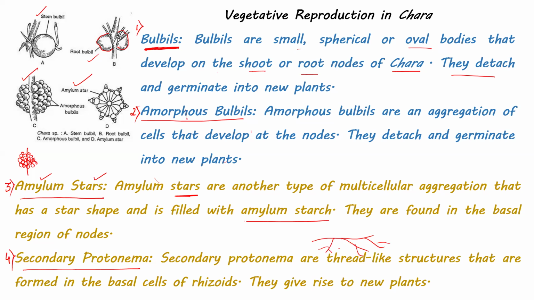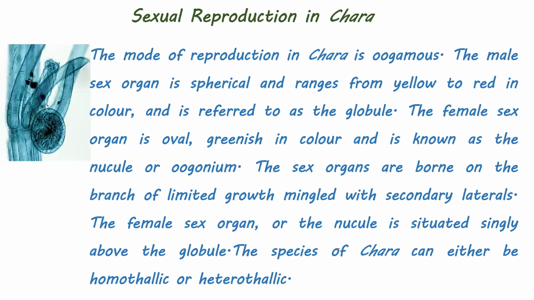Now coming to sexual reproduction in Chara. Now we will see what happens here. This is something very important, and almost every year in every university, you will get some question or the other from this sexual reproduction of Chara.